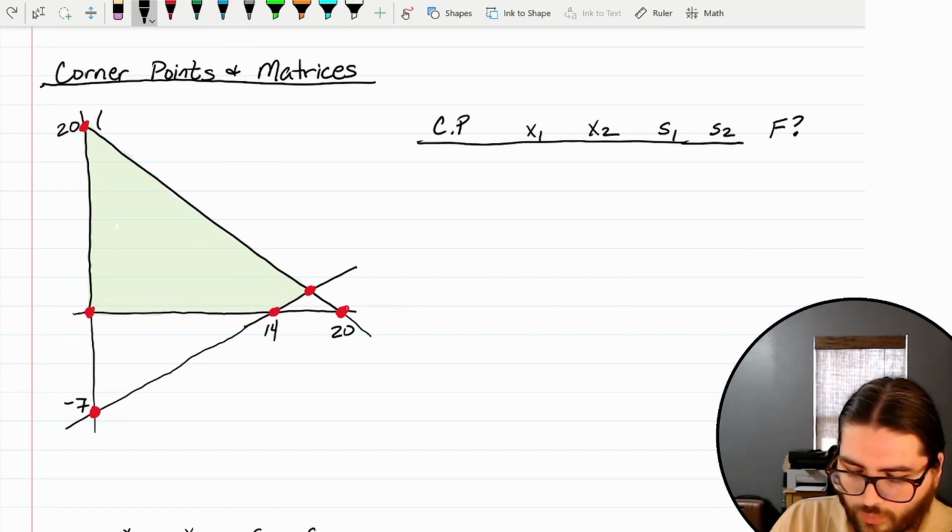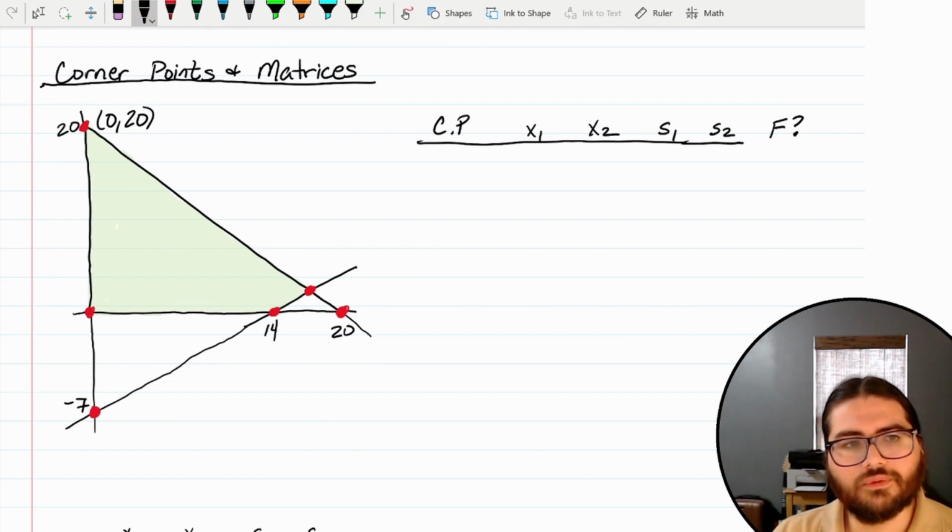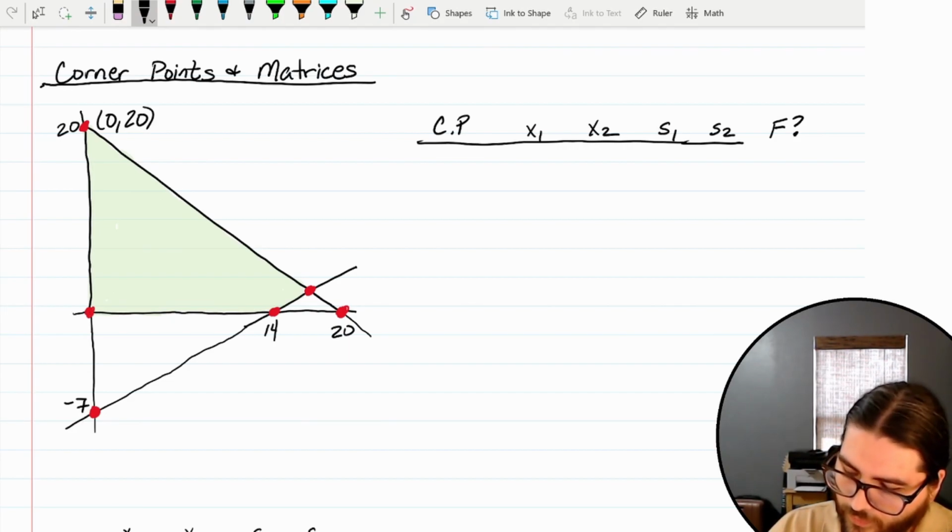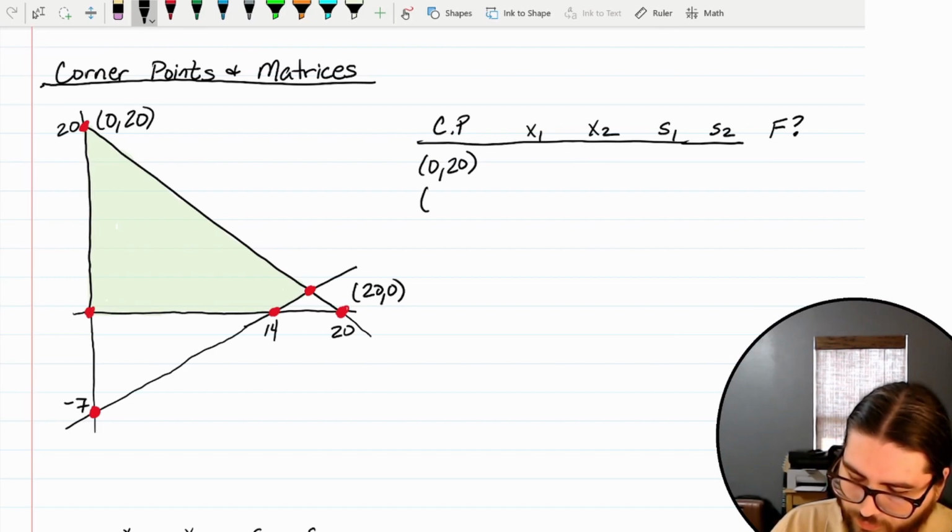This point was 0, 20. This point was 20, 0. This point was 0, 0.